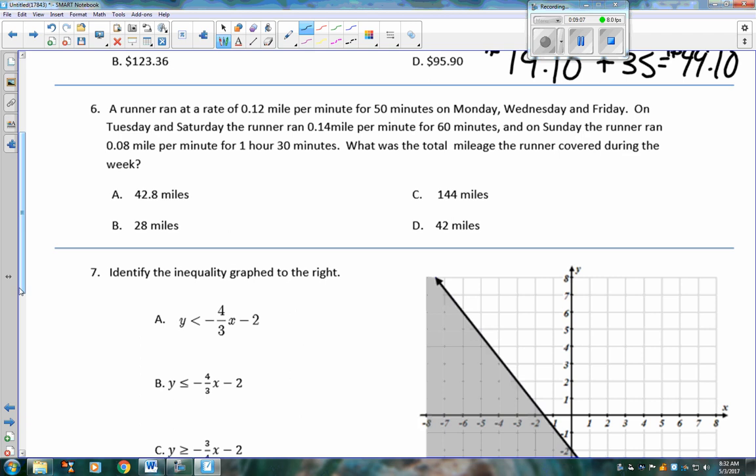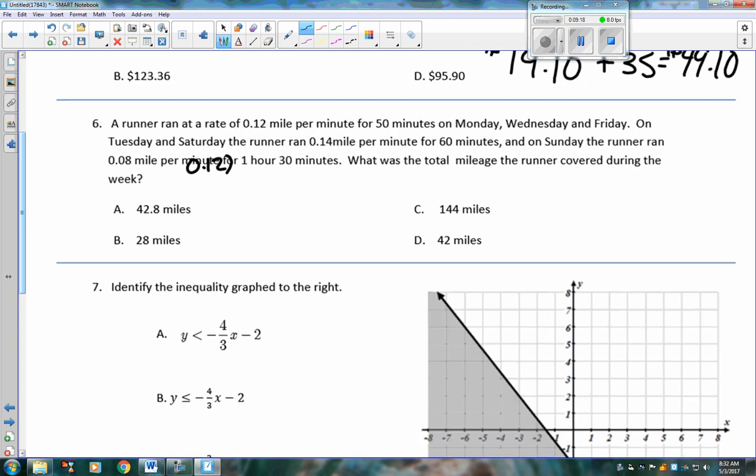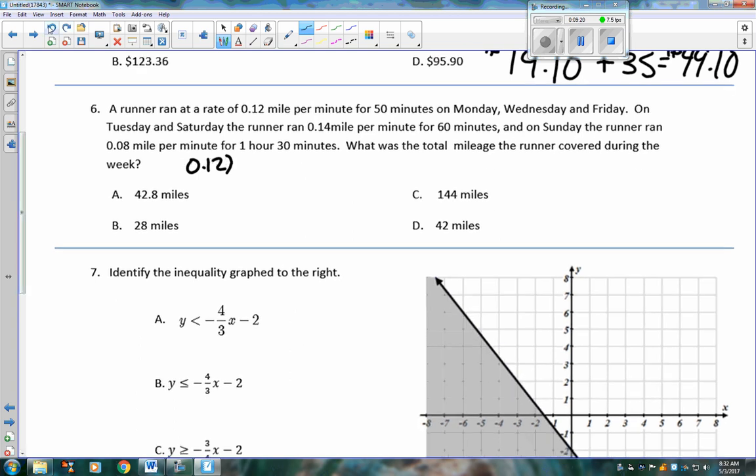So first off, on Monday, he ran at a rate of 0.12. I'm going to multiply that by how many minutes he ran, which was 6 miles.